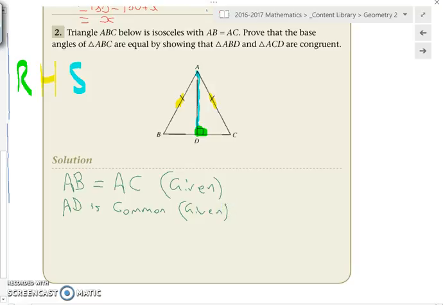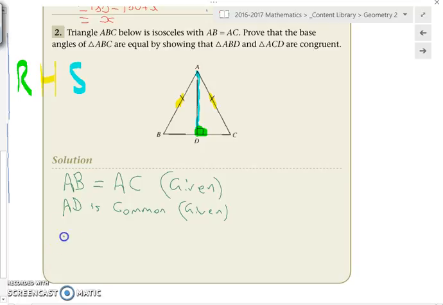AD remains constant. Yeah, it's common. It's shared, but we call it common. We say common, but shared, we'd all know what it meant because it is shared between the two triangles. It means the same thing.